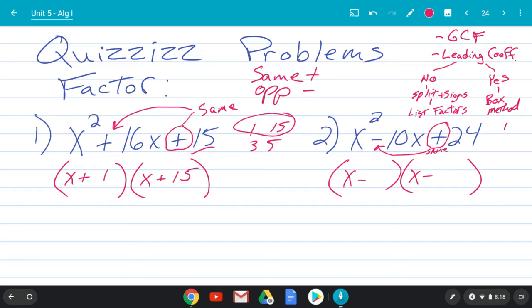Factors of 24. 1 and 24, 2 and 12, 3 and 8, 4 and 6. Which of those come together to get me a 10? 4 and 6. The larger number gets the sign for the middle. Well, it doesn't really matter here because they're both negatives, right? So a negative 6 and a negative 4. Factored. Boom.